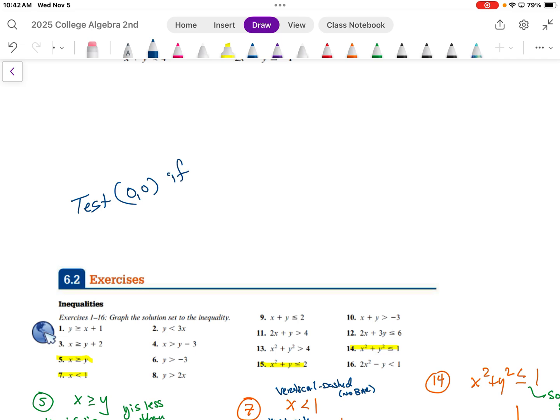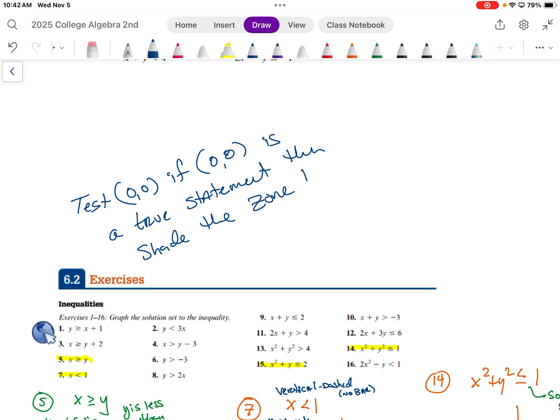If 0, 0 is a true statement, then shade the zone that includes 0, 0.